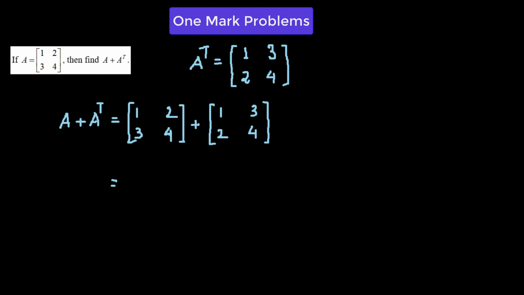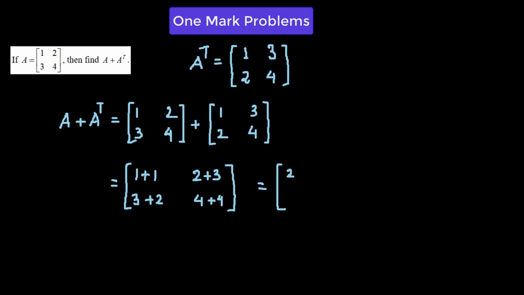We add the corresponding elements, so that should give us 1 plus 1, 2 plus 3, 3 plus 2, and 4 plus 4. If we simplify the values, that should give us 2, 5, 5, 8. And this is a symmetric matrix. So this is the value of A plus A transpose.